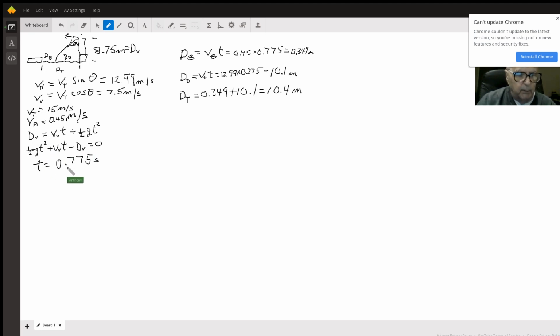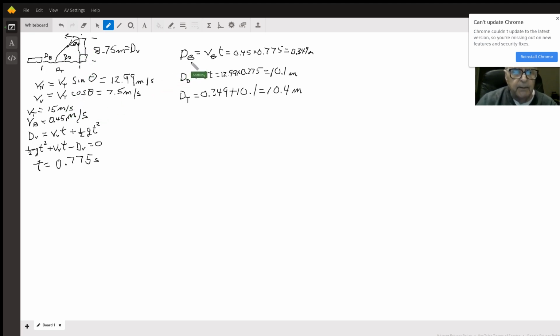And what you should get when you put all the relevant information is 0.775 seconds for the equipment to hit the water, as if it were a drop with the initial vertical velocity to hit that water.